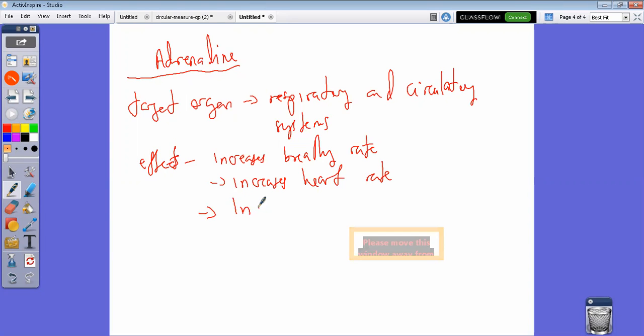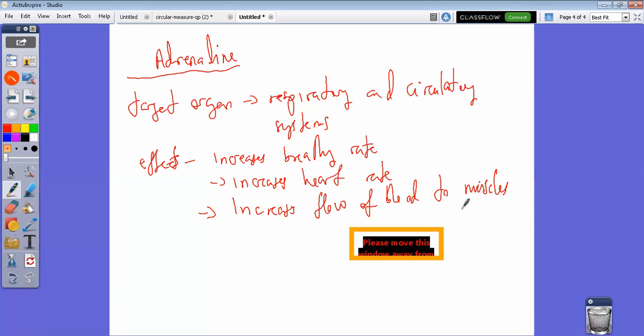Increases flow of blood to muscles. Clear?